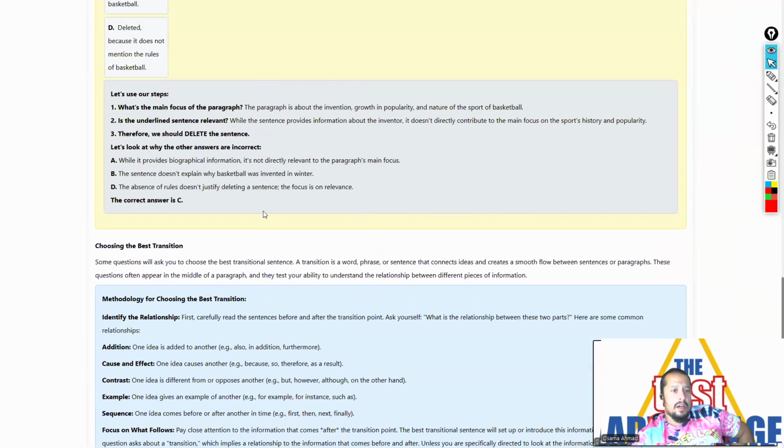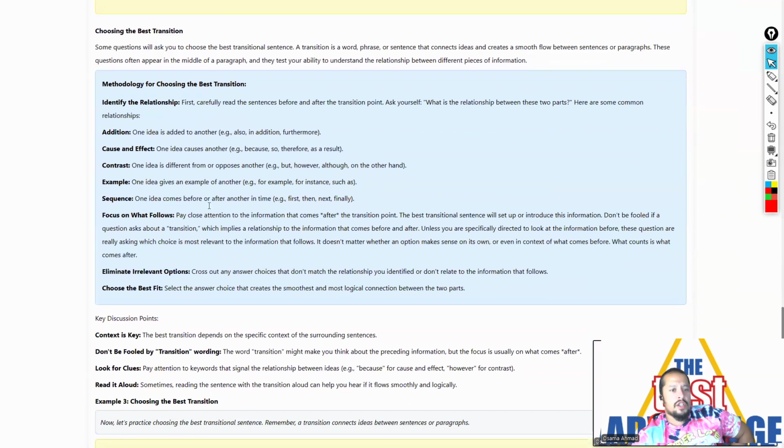Now again, these are the steps, right? Transitional sentences. So transitional sentences are quite tricky. Okay.